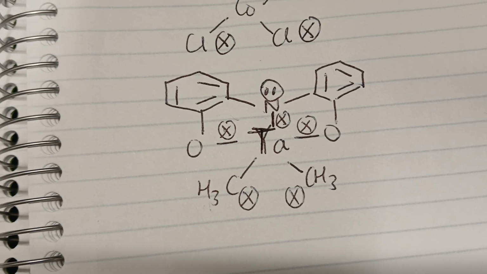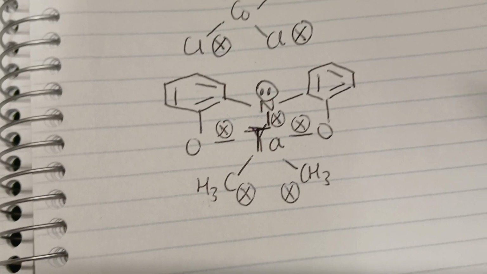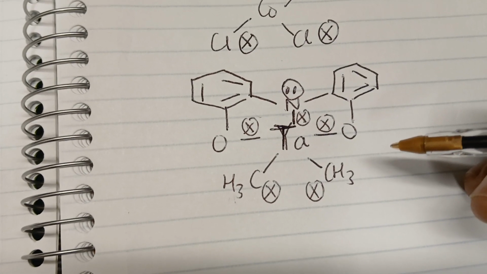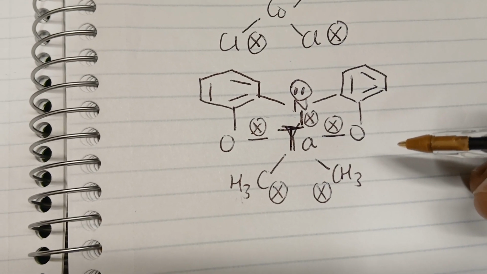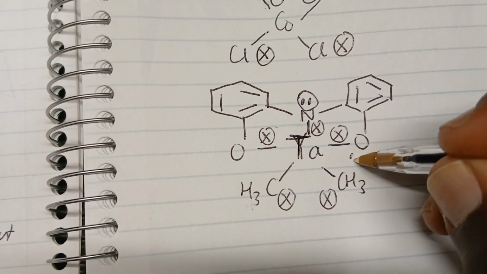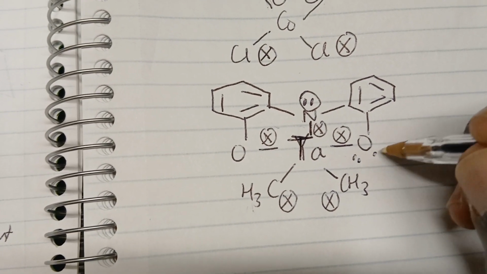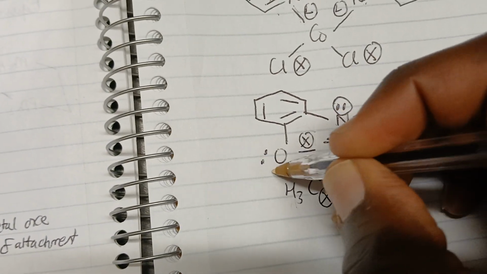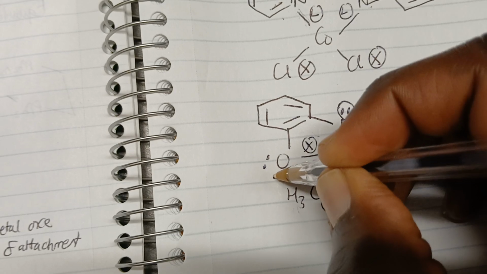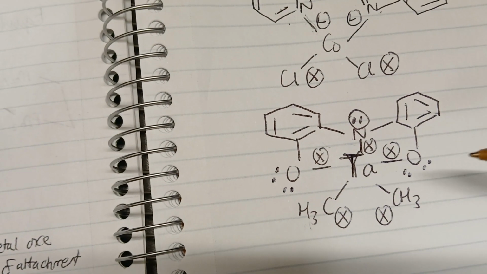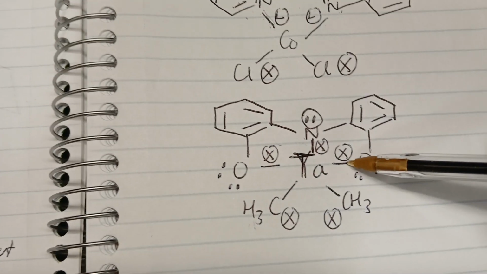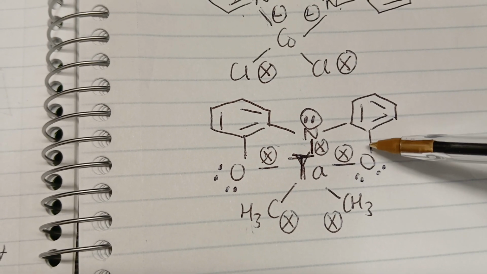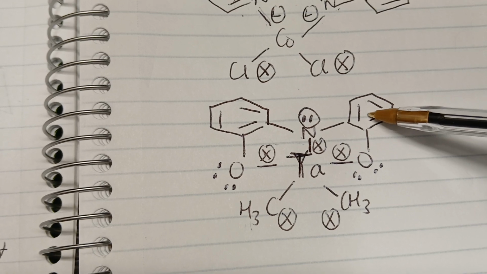Okay? And then when we take the case of oxygen, in this case, oxygen has a valency of 6, right? So there's a lone pair here, a lone pair here, a lone pair here, a lone pair here. And so there's 1 electron that is contributed to the metal, 1 electron contributed to this aromatic ring.